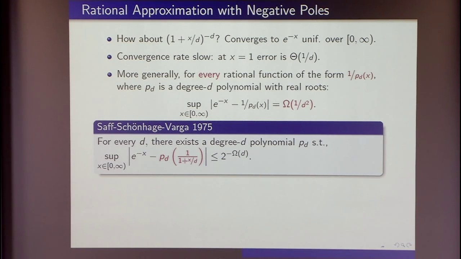So this has all the properties that you need, except we don't know what the coefficients of this polynomial are, because this is proved via some kind of convoluted existential type argument.